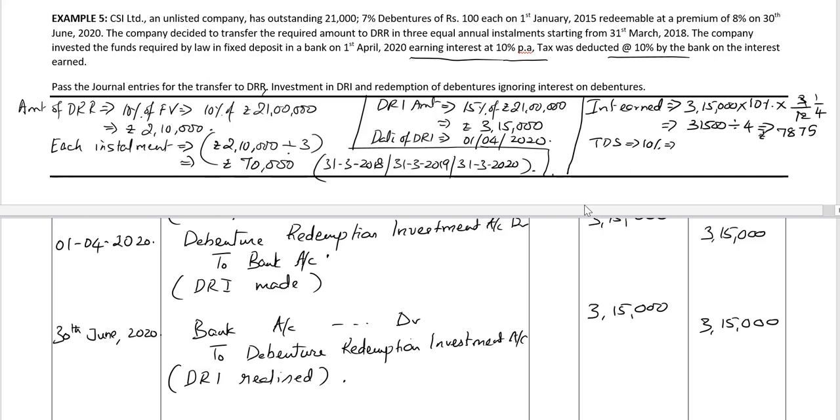So that comes up to rupees 787.5, which is 788 rupees.